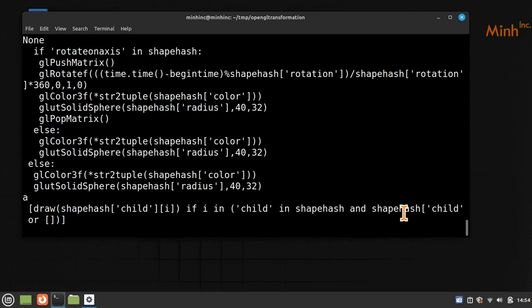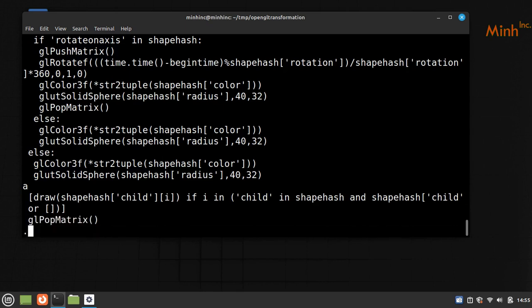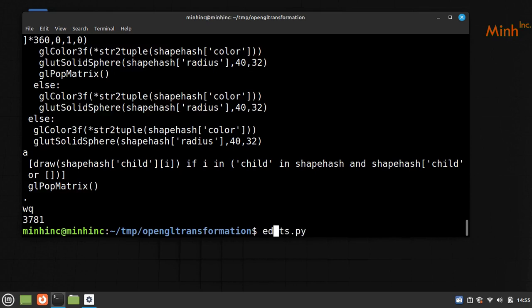If that is the case, then iterate to the child, or just don't call the draw again. Of matrix. Okay, so this is the code.